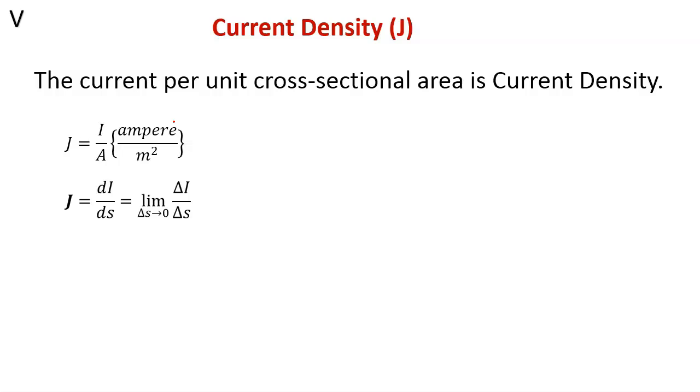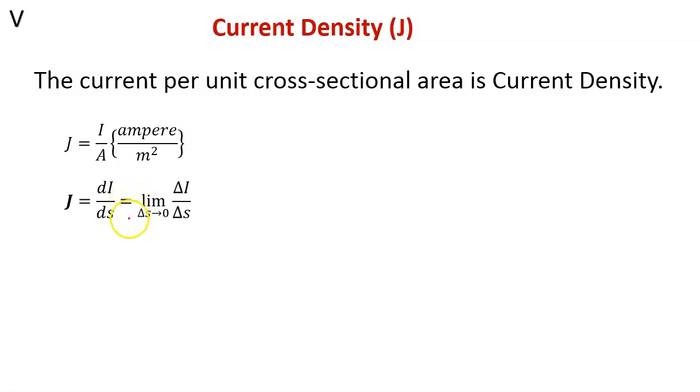To make our definition more precise, we define J is equal to di upon ds, where di is a small amount of current flowing through the cross-sectional area ds, and we presume that this ds is small.